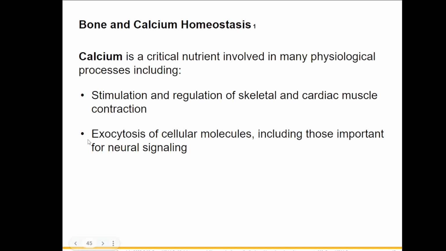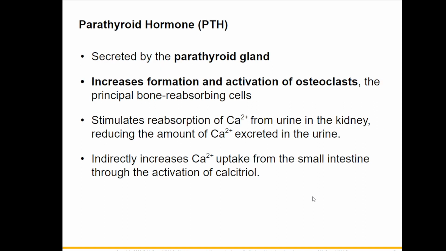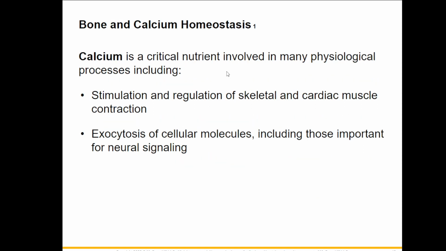We talked about this in the synapses. If you remember, in the synapse, it is calcium that causes exocytosis of your neurotransmitters. So, since calcium has many functions, it is important that calcium is regulated properly inside the body.